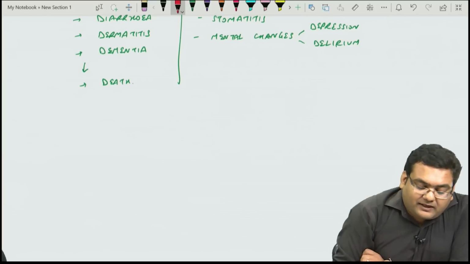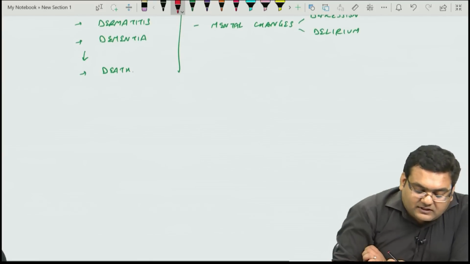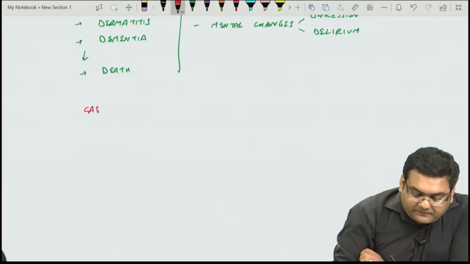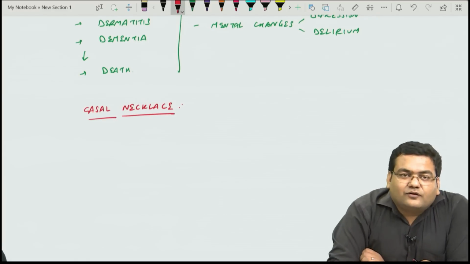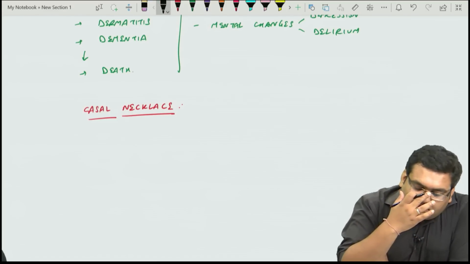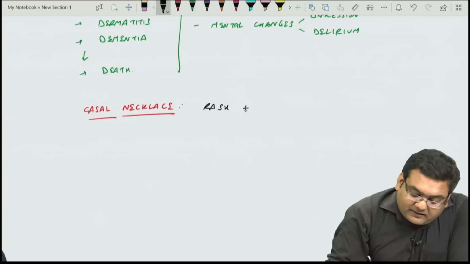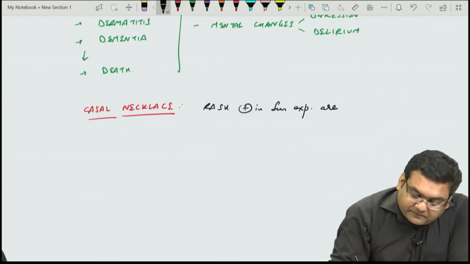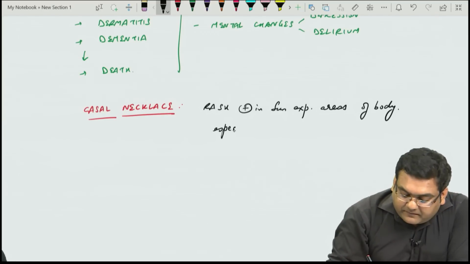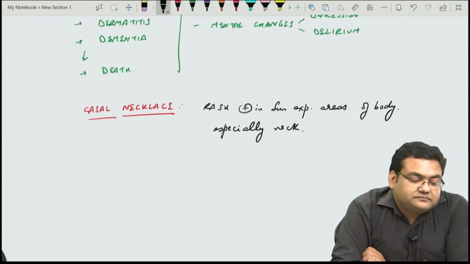Now, important entity which we need to remember in this is Cazel's necklace. Now, what is this Cazel's necklace? A typical rash is present in sun exposed areas of the body, especially neck.